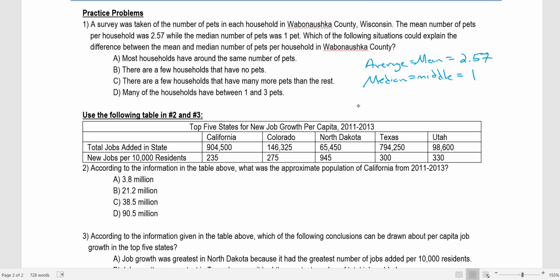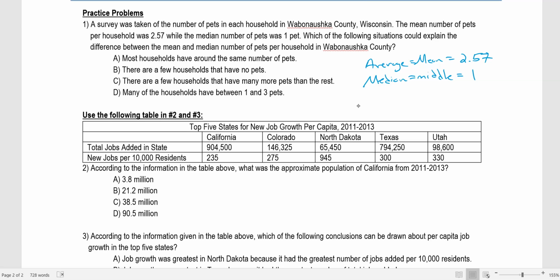In order for the average to be that much higher, you'd have to have a few people, probably several people, that have a lot of pets. Like if some people, and this is Wisconsin, so maybe they're on farms and they have many pets, right? Or even places in Illinois, this happens too. So let's say some families have like 10 pets or 15 pets or 20 pets. And then all those ones that only had 1 pet, that average gets dragged up a lot higher because of the people that had those extreme numbers of pets, okay?